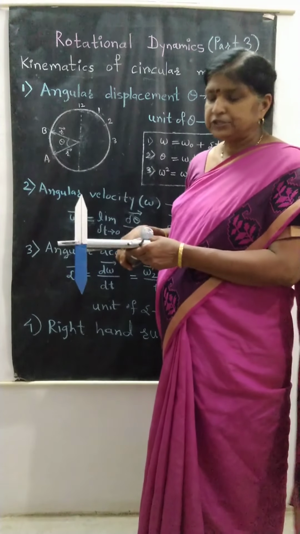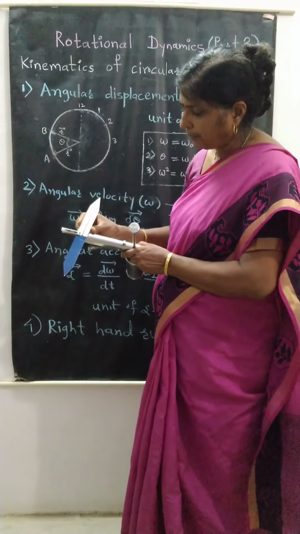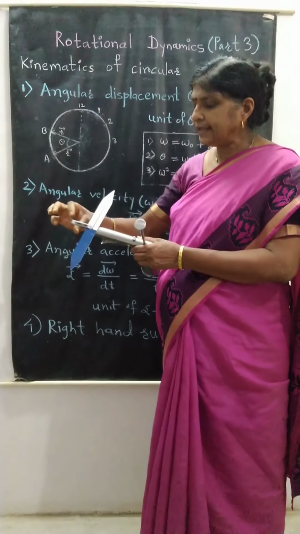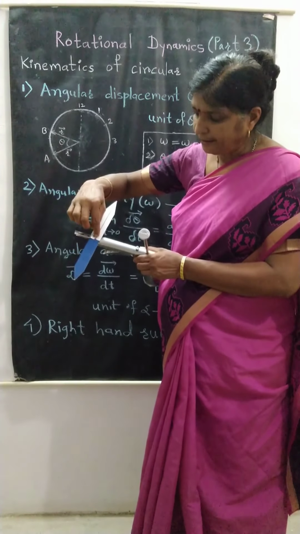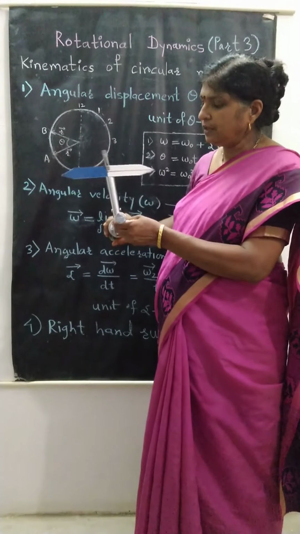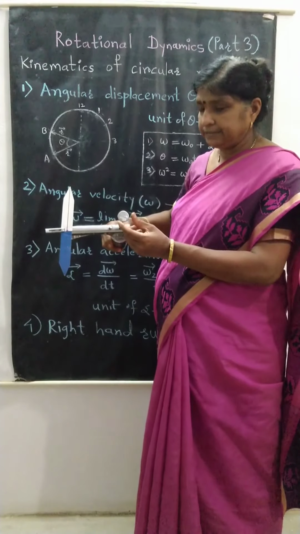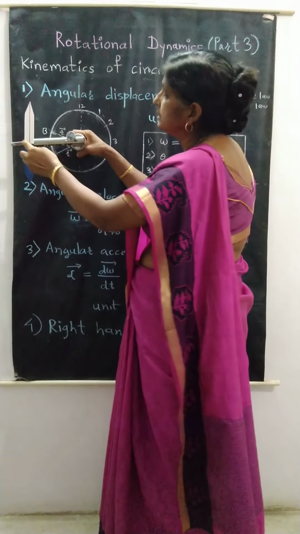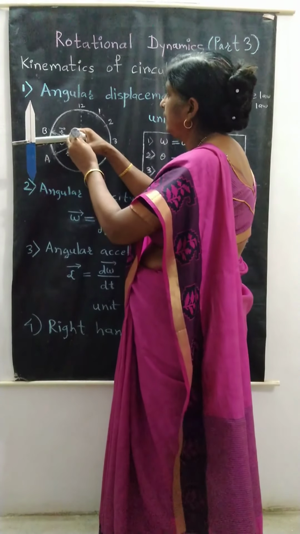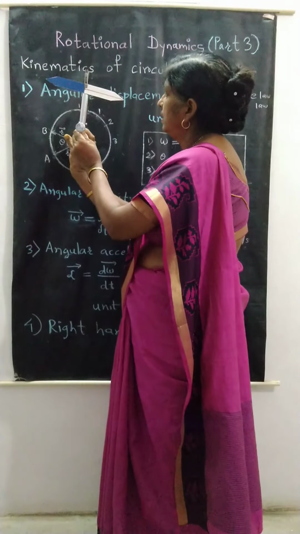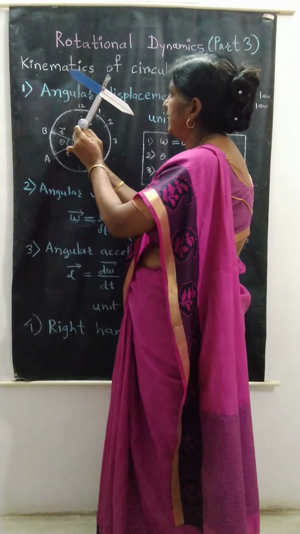I have this instrument. Now, this is the axis of rotation and this clip or this point is performing circular motion about this axis. Suppose this particle or the clip is rotating in this manner, in clockwise direction like this.